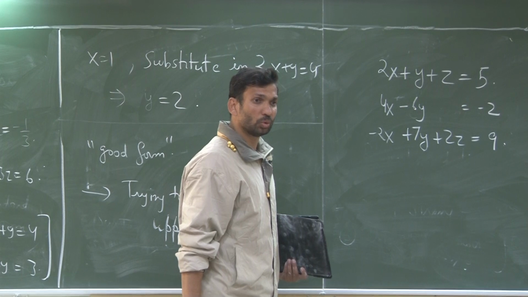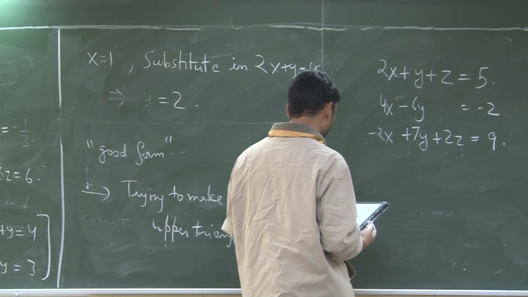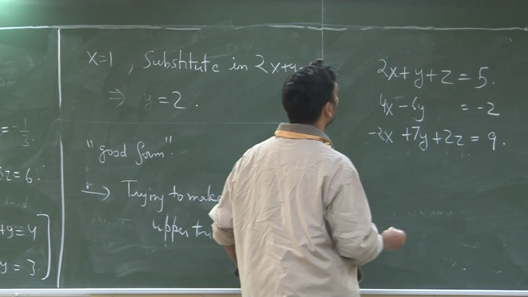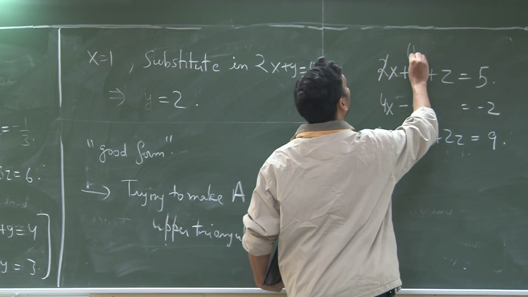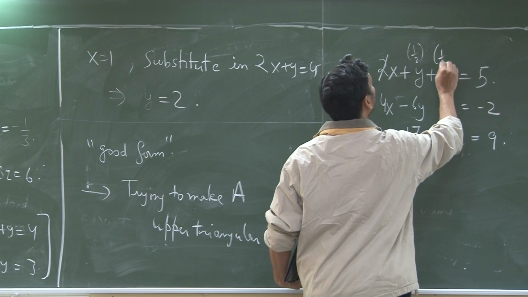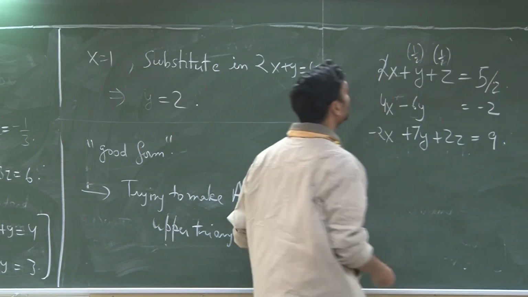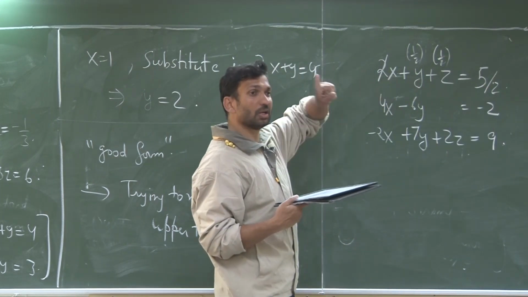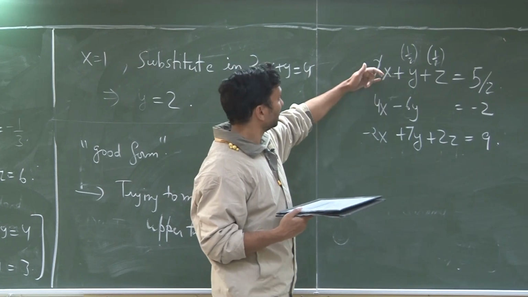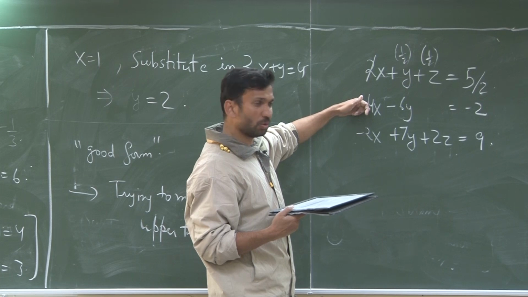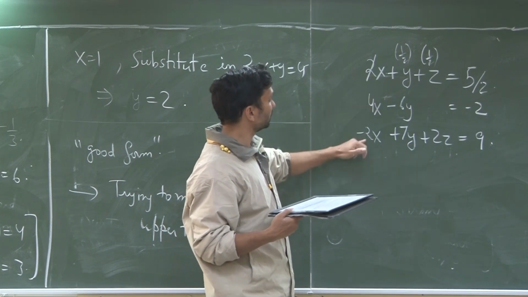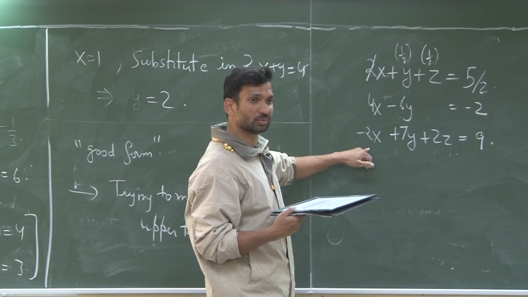That is what I want to do. To make my life easy, I can divide by 2 so that I have a single coefficient of x, and then I can multiply this by 4 to make this 0, I can multiply this equation by minus 2 to make this 0.